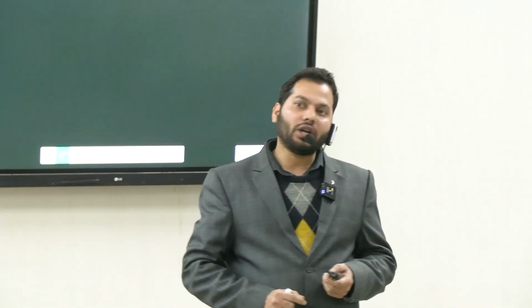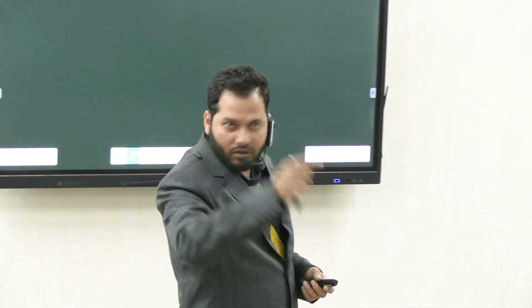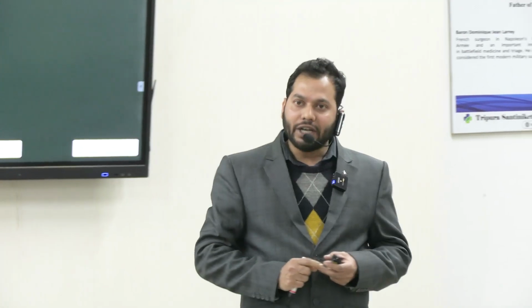Other than PCD, there is another important disease that may occur. This is called cystic fibrosis. The term is very common for all of us, no? Cystic fibrosis. It is also a genetic disorder.